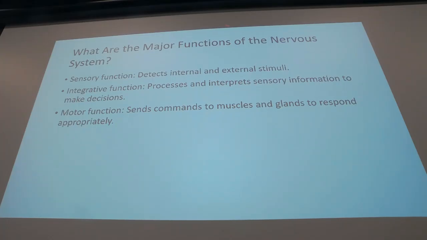So, major functions of the nervous system: sensory function, detect internal and external stimuli. This morning when you woke up, maybe you were feeling hungry, and then you went and ate something.